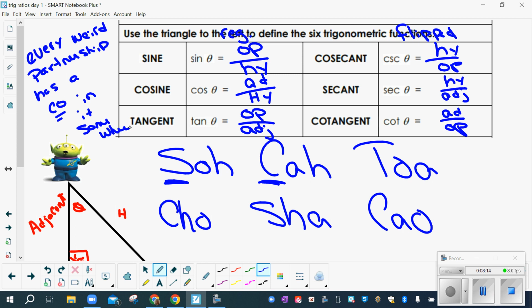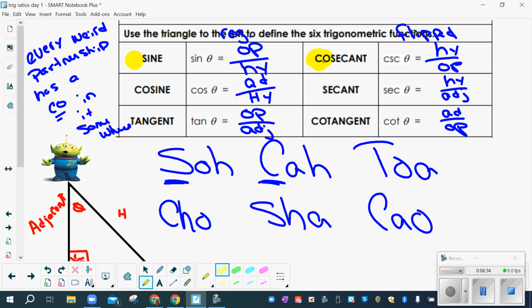Now I'm going to show you what I mean by that. Look at this. This guy is sine. There is no co in front of it. It's just sine. So his weird partner has to be the guy that has the co in it.